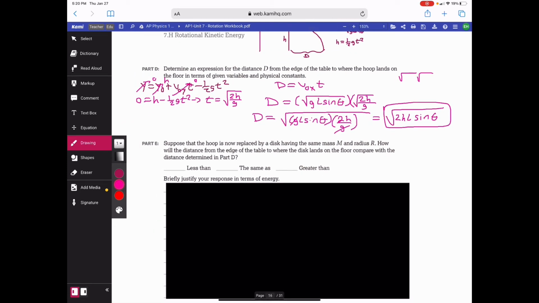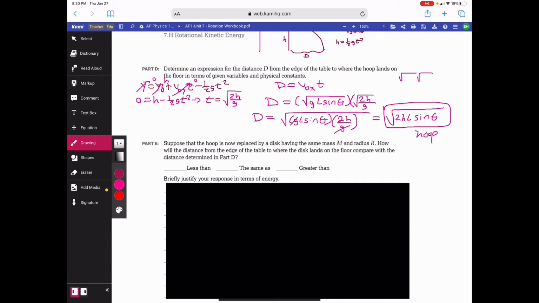Suppose the hoop is now replaced with a disc having the same mass and radius r. How does the distance from the edge of the table to where the disc lands compare to your answer in part D? All right, so this is for a hoop, okay?